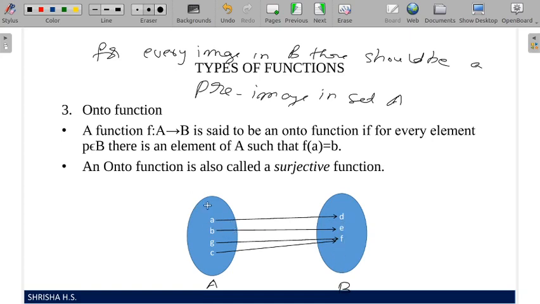All elements of set A should be mapped. That is the basic condition for a function. So all elements of set A should be mapped.